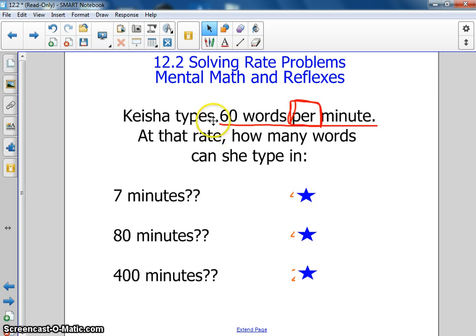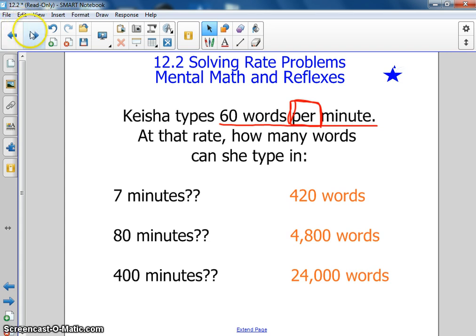So in 7 minutes, 6 times 7 is 42, so 60 times 7 would be 420. What about 80? 8 times 6 is 48, plus 2 zeros would be 4,800. And 400, hopefully you got that. But if you know 60 words per minute, everything else becomes easier.